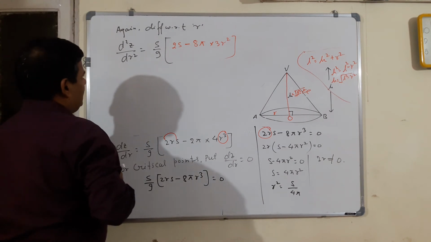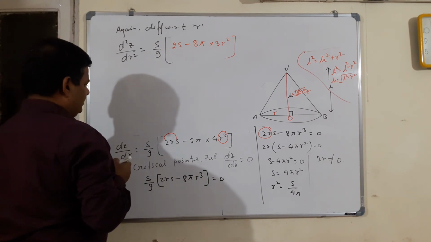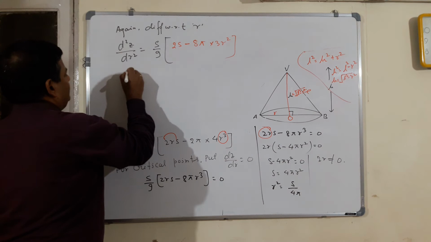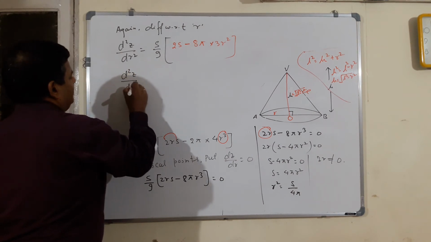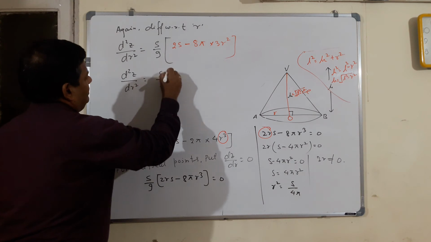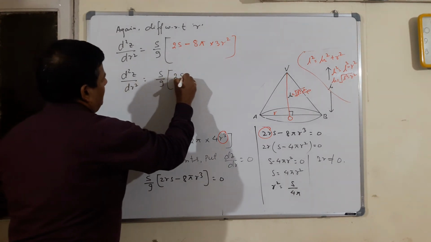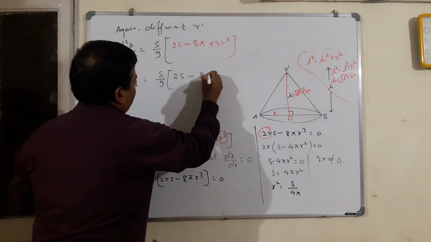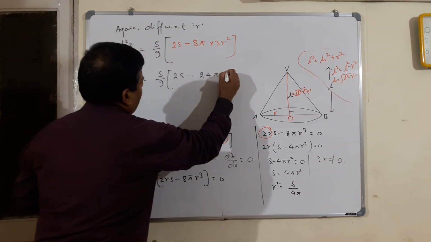So d2z by dr square is equal to s by 9 into 2s minus 24 pi r square.